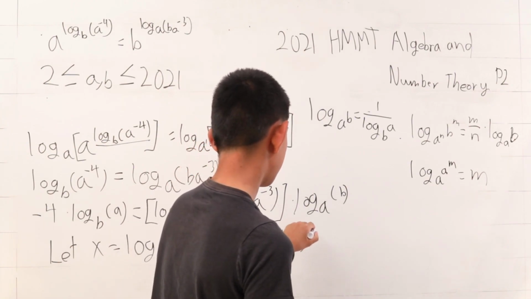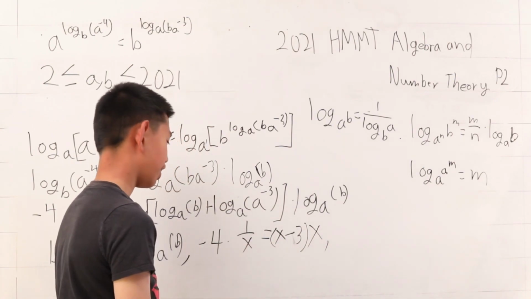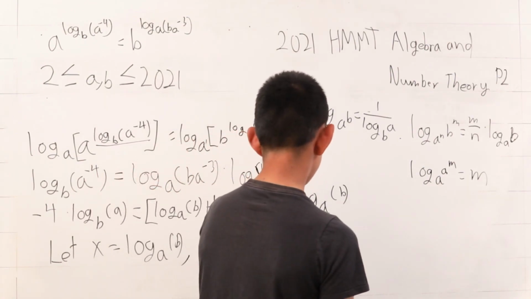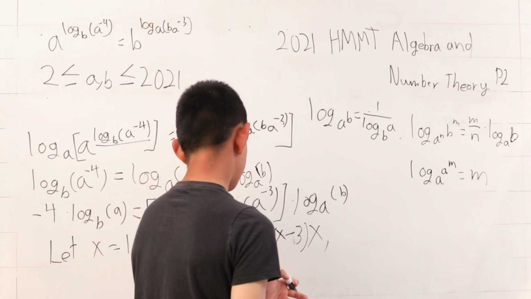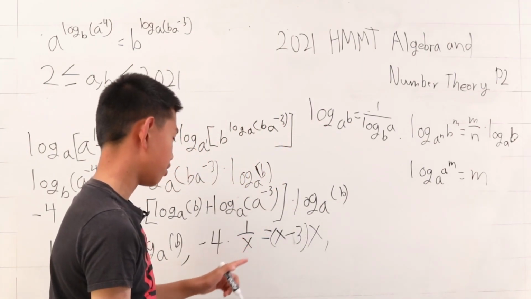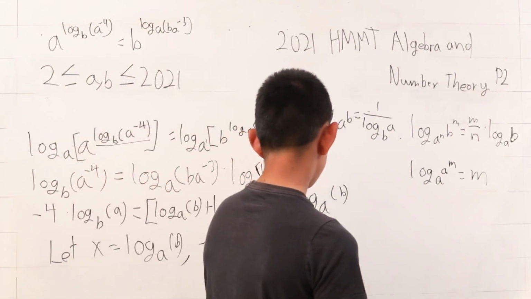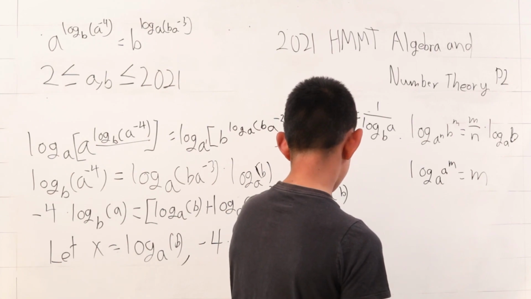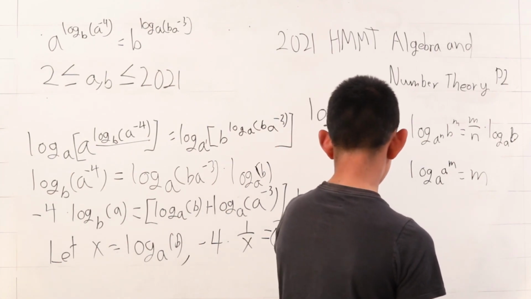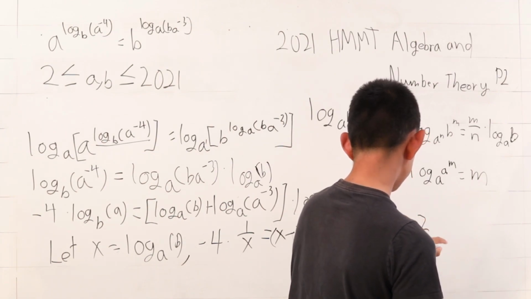From this formula, we get that the term in the parentheses is just minus 3 times x. So now we have a formula where we can simplify these things. We multiply both sides by x to get rid of this x. So what we're left with is negative 4 is equal to x minus 3 times x squared.